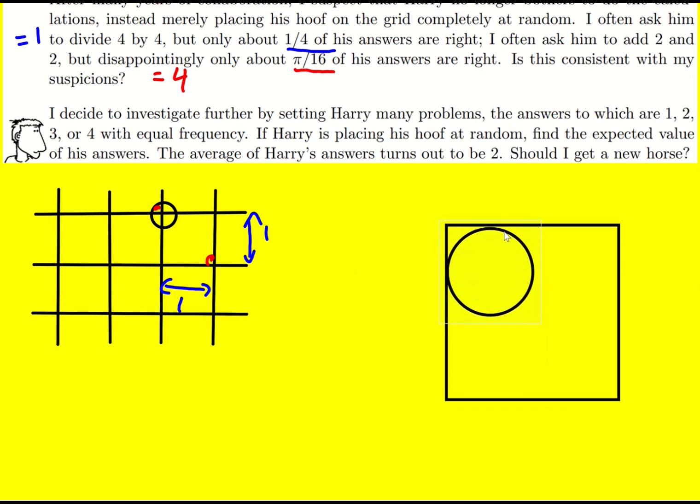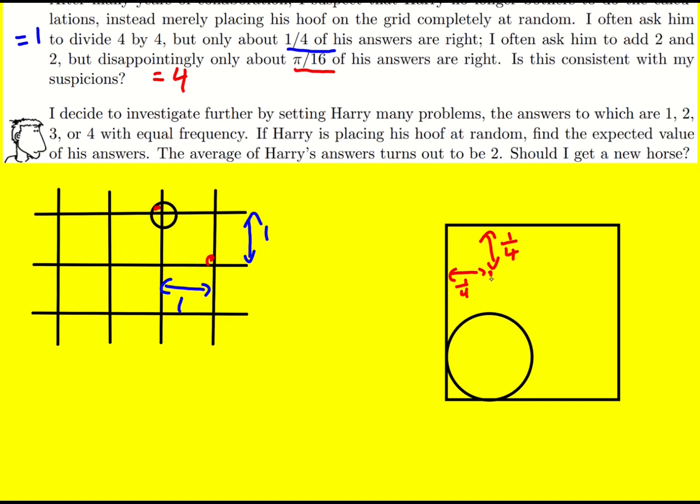Let's take a look first of all at it being 1, because now we just need the circle to stay inside the square. So the highest and most leftward point would be here for the circle. As soon as it moves any more left, then it's overlapping another square. So I've got a distance of a quarter here and a quarter here. And I can move the circle down.